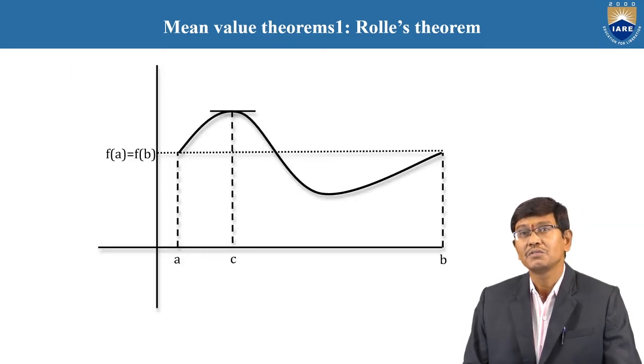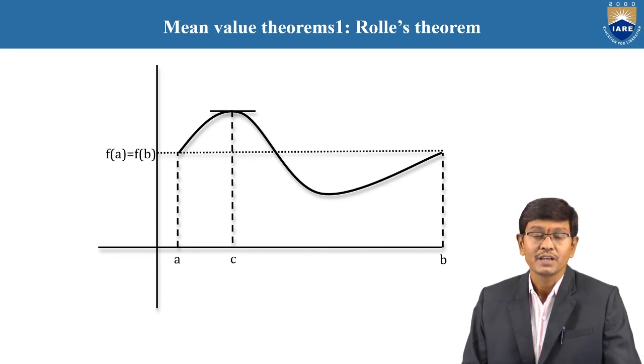If you observe the graph of the function, with the x-axis and y-axis, there is the point a and the point b, and f(a) is equal to f(b). Moreover, this curve is clearly without any breaking, starting at a and going to b. Therefore, observing the graph, the function is continuous, and f(a) is equal to f(b) is also satisfied.